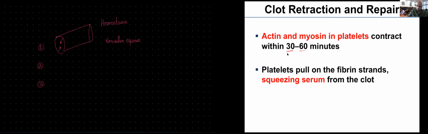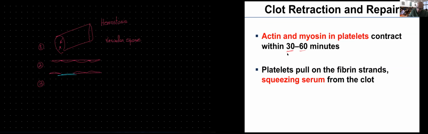The second thing that takes place in an injured vessel, if you remember, the lining of the blood vessels is the endothelium, which is one layer of flat cells. Whenever I have an injury to the blood vessel, there will be exposure to the collagen fibers located underneath it.